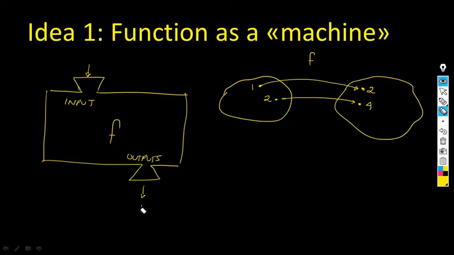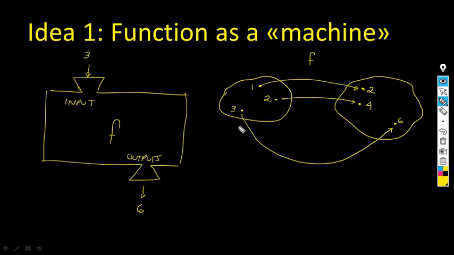Let's do one more. Suppose that you give the function the number 3, goes in, some process takes place, and it gives out the number 6. So 3 is being taken by the machine F, and it gives as an output the number 6. So 3 is being matched to the number 6, or this output is being associated to this input.